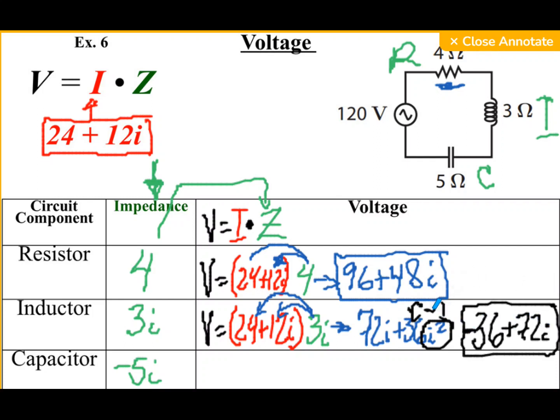All right, so double check your work on the capacitor to make sure that's what you did at the end. Don't forget to substitute for the I squared a negative 1. And then you simplify that. And the last one, we're going to multiply the current times negative 5I.